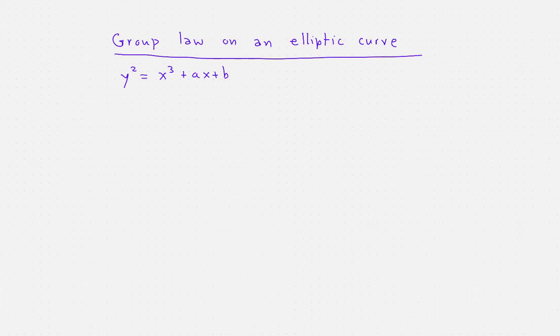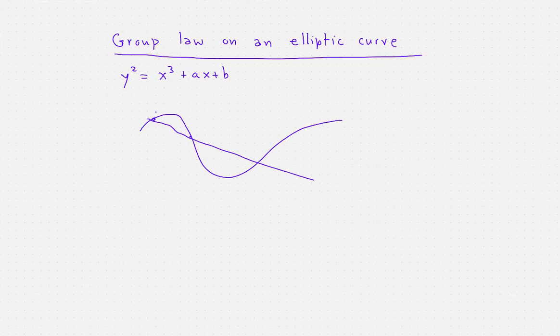if we take a line that intersects this curve at 2 points, then it's also going to intersect it at a third point. I'm saying generically because there are some interesting cases in which this does not happen exactly like this.